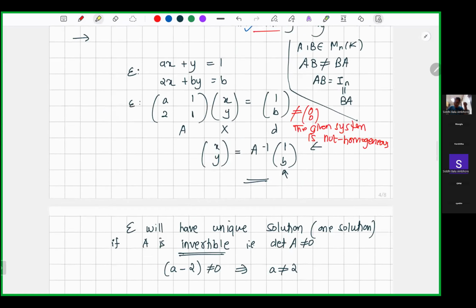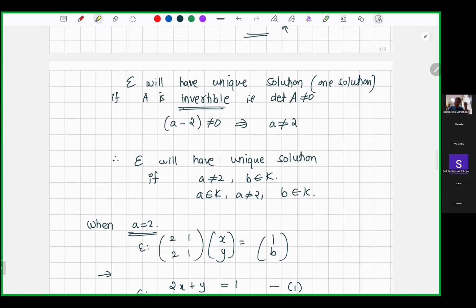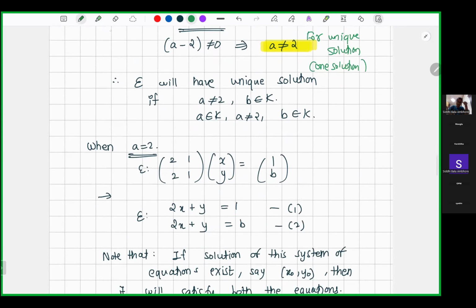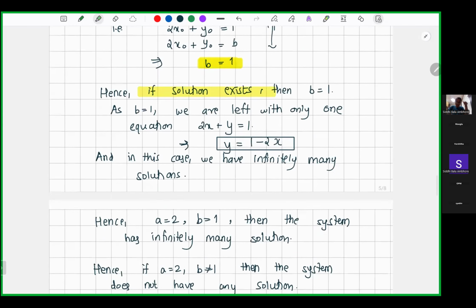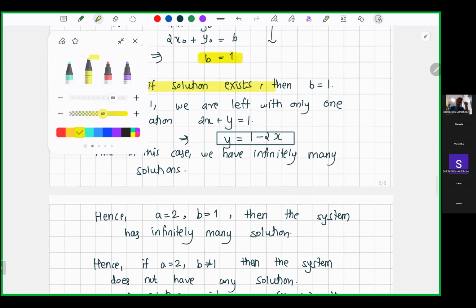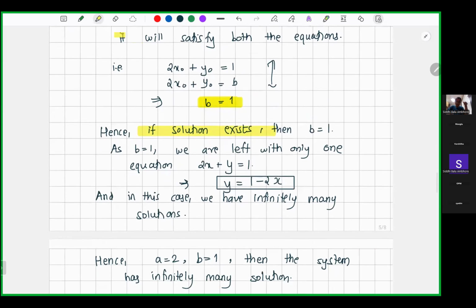But yeah, we saw these three conditions. This was one where A was not equal to 2, this A not equal to 2 condition, for a unique solution or one solution. This A is equal to 2, but with A equal to 2, when I had B equal to 1, this had only infinitely many solutions.